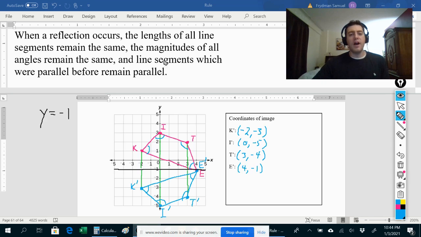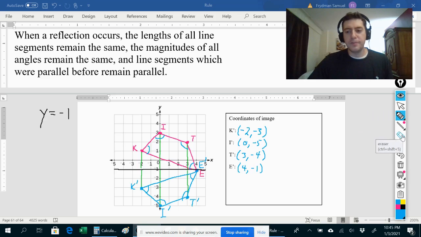And finally, the line segments which were parallel before remain parallel. In this example, the line segment from I to T was parallel to the line segment from K to E, and the line segment from I prime to T prime is also parallel with the line segment from K prime to E prime. So lines which were parallel before are still parallel in the image.